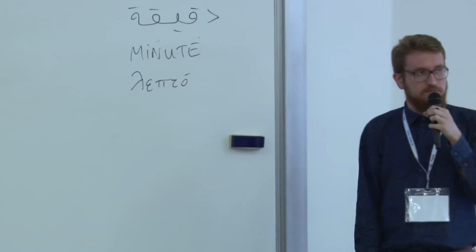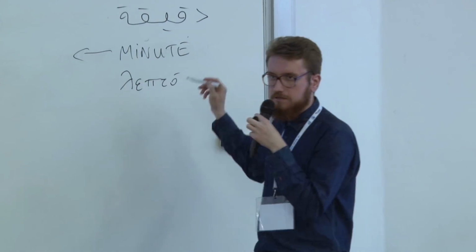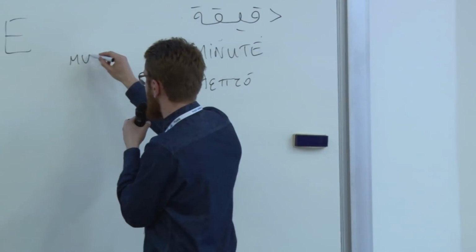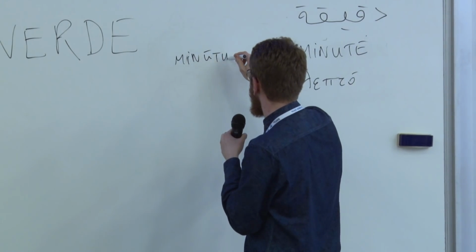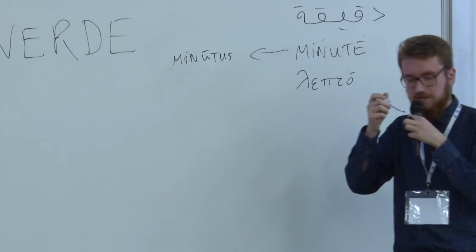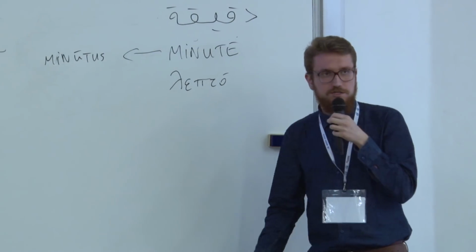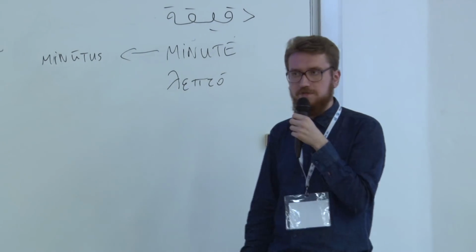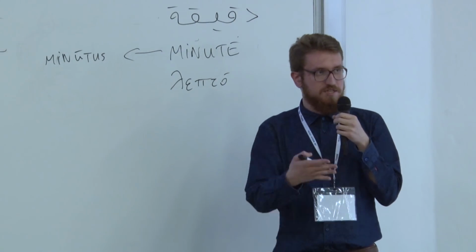So they all come from the same thing. This word, as in most of the European languages, comes from Latin word minutus, minuta, which means small or diminished. This comes from ancient Greek leptos, which means small. And this comes from daqiq in Arabic, which means small. So a minute is something small.